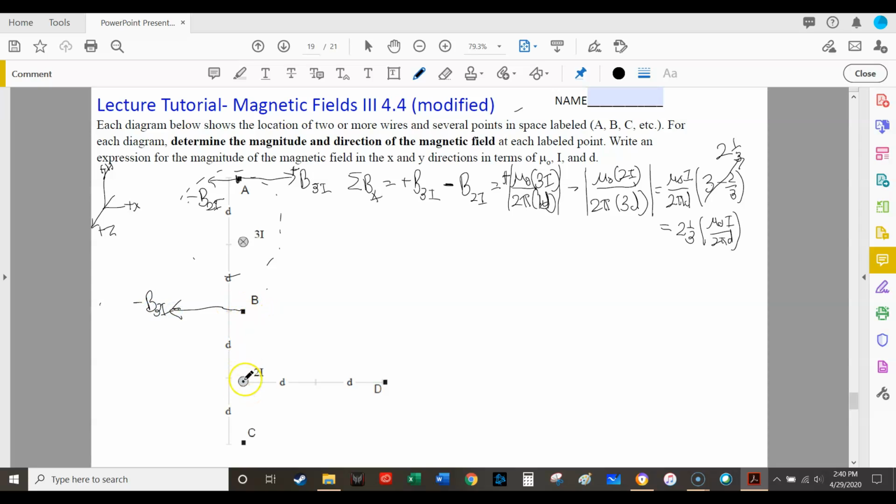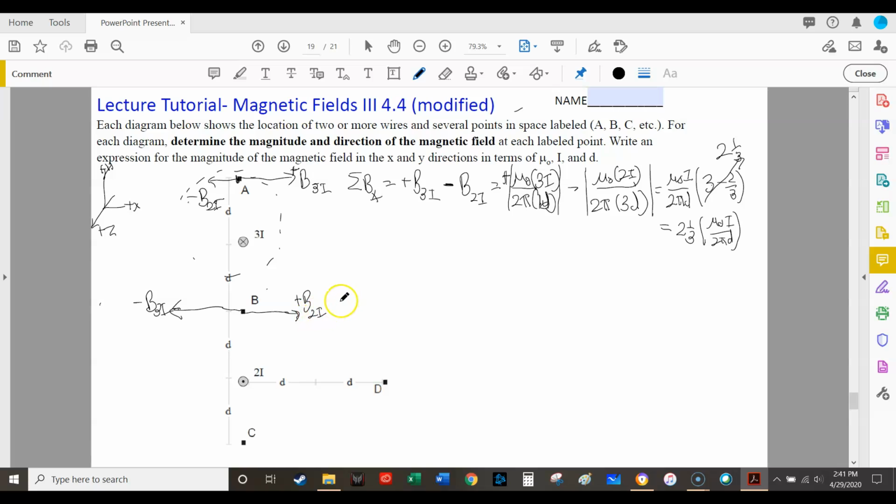And since it's also 1d away, but this guy is only 2I, I'm thinking it's not going to be quite as long as this one to the left, but it's going to be pointed in the rightward direction. So it'll be this.